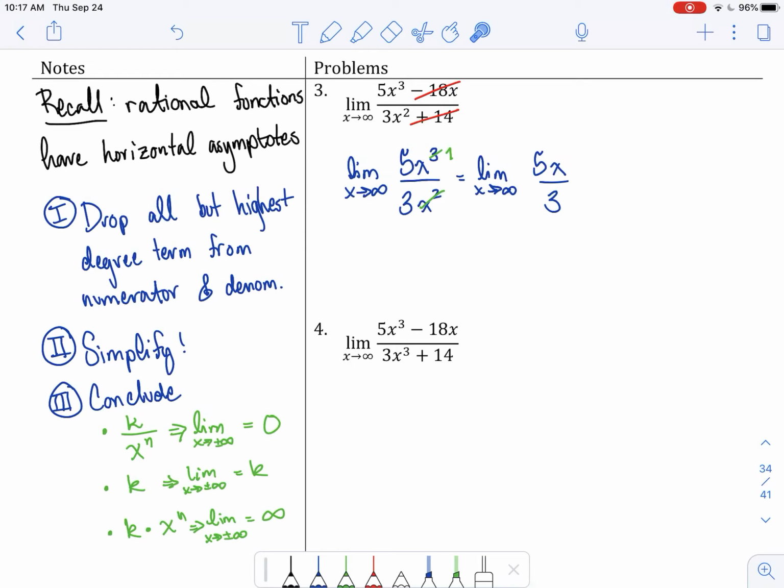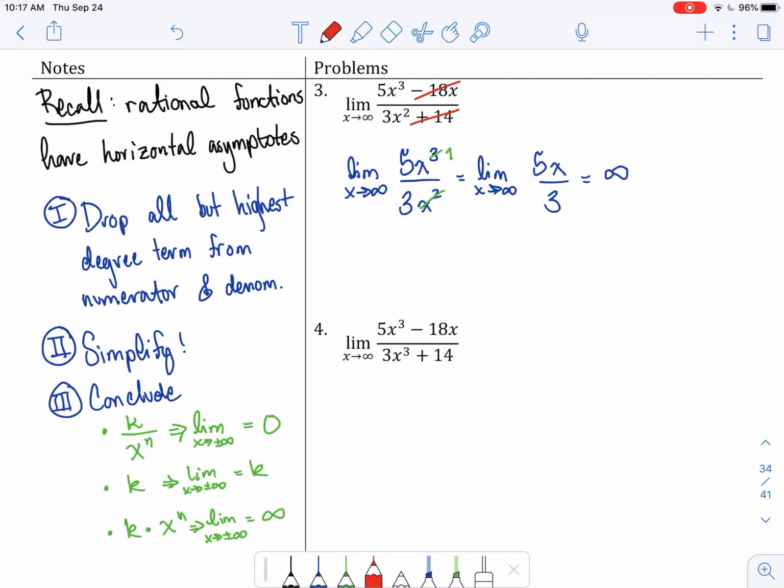So in this case, if you think about plugging in infinity as 5 times infinity over 3, it's going to be a type like this because x is in the numerator. And so that means our final conclusion is that as x approaches infinity, this function also approaches infinity.